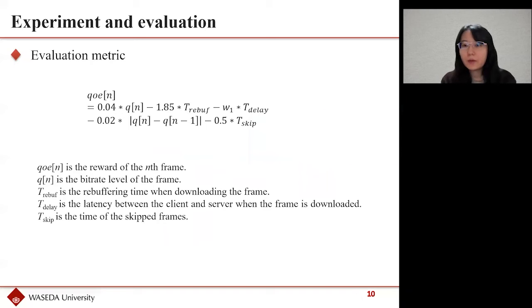In order to evaluate the performance of the control method, an evaluation standard is necessary. In the Multimedia Grand Challenge 2019, a QoE metric is provided, which includes the different factors. This metric is also adopted, as shown in this function.